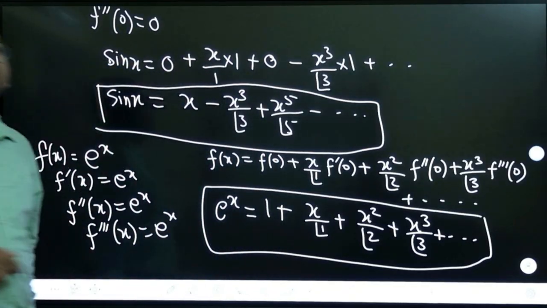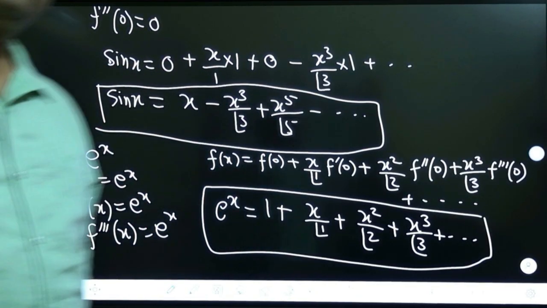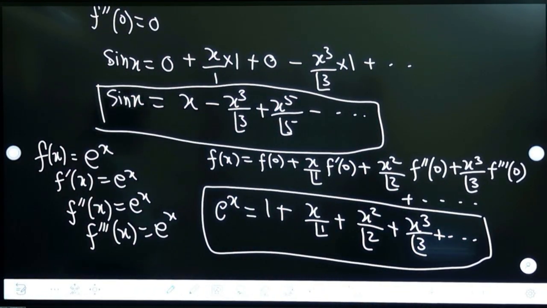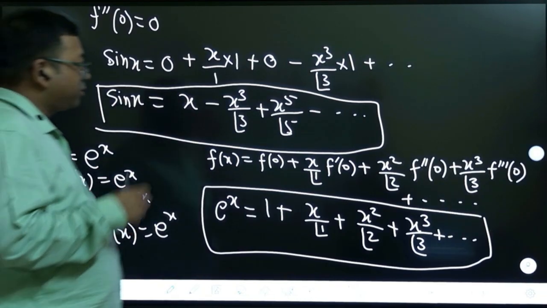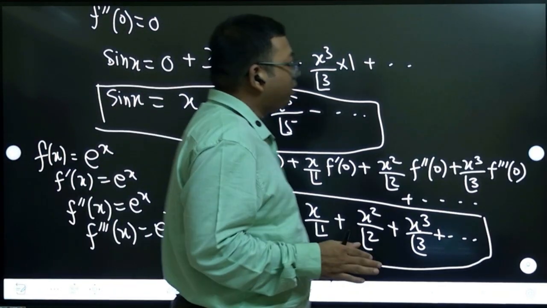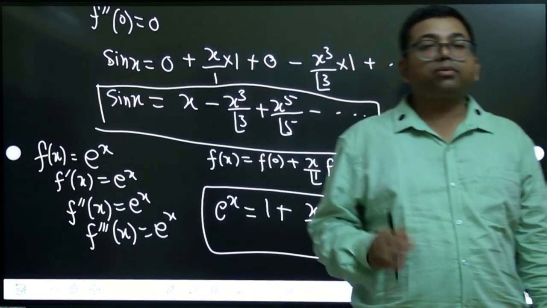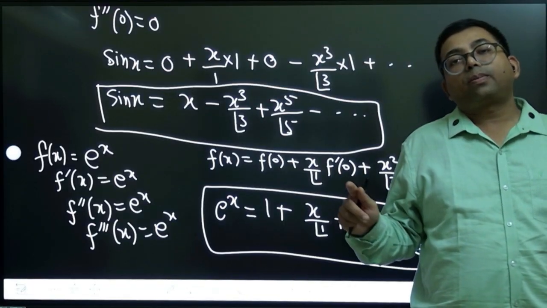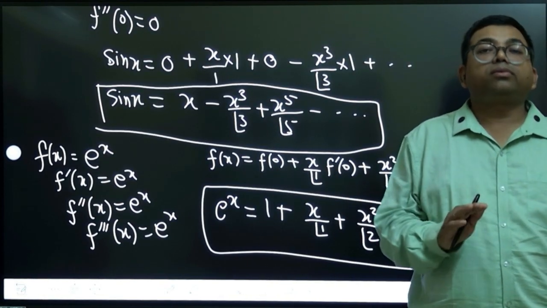So like that you can see that we can write all the different types of expansions using this idea. So e power x or anything can be expanded in the same manner. I think you don't have to remember the function expansions. If you remember this idea of Taylor series, then we can expand any function.